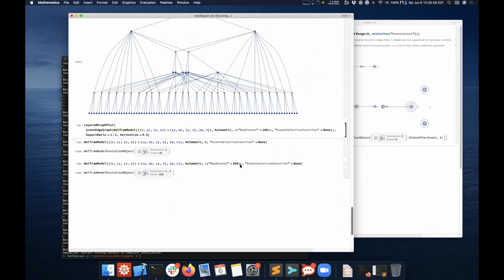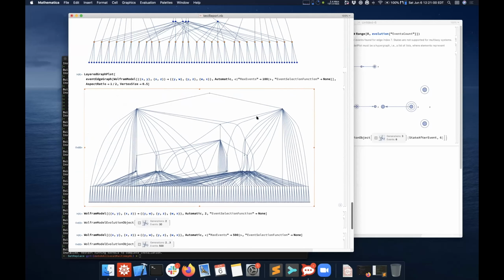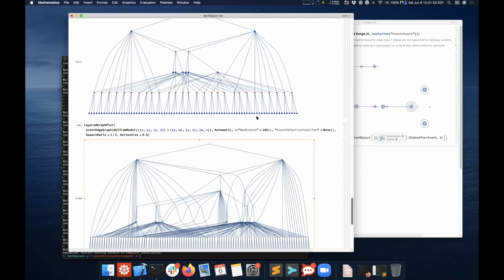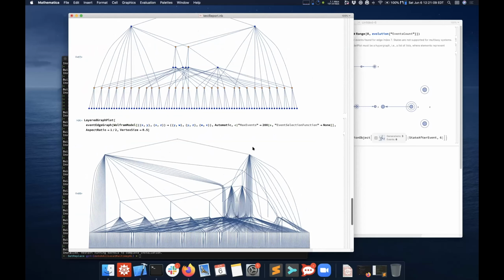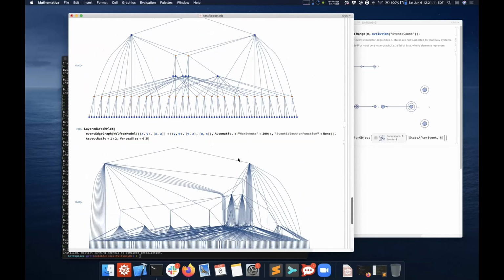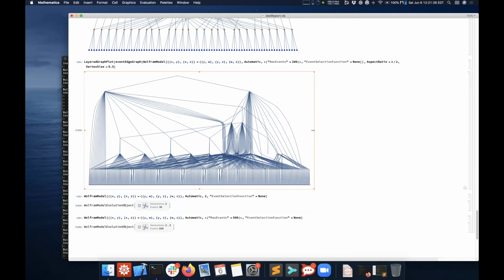Let's say 100 first. Wait, what happened here? Try 200. Okay. All right. So where will it be likely to be not... can we tell where it didn't get to from this picture? Probably not really.